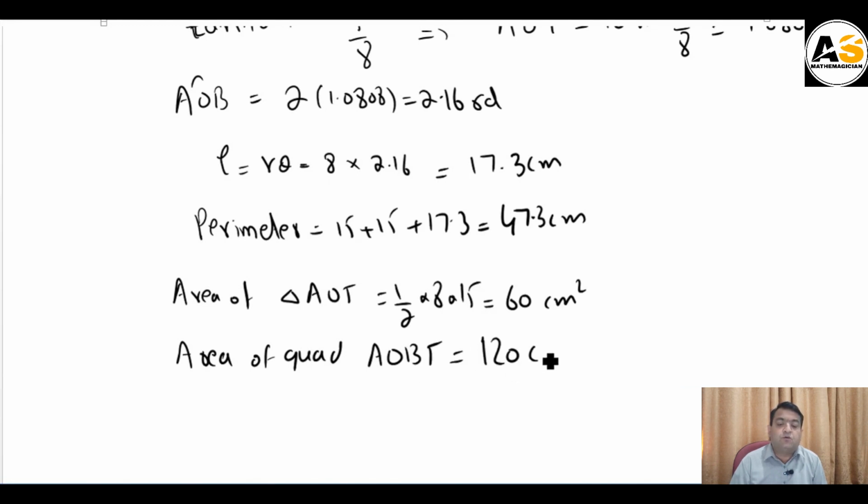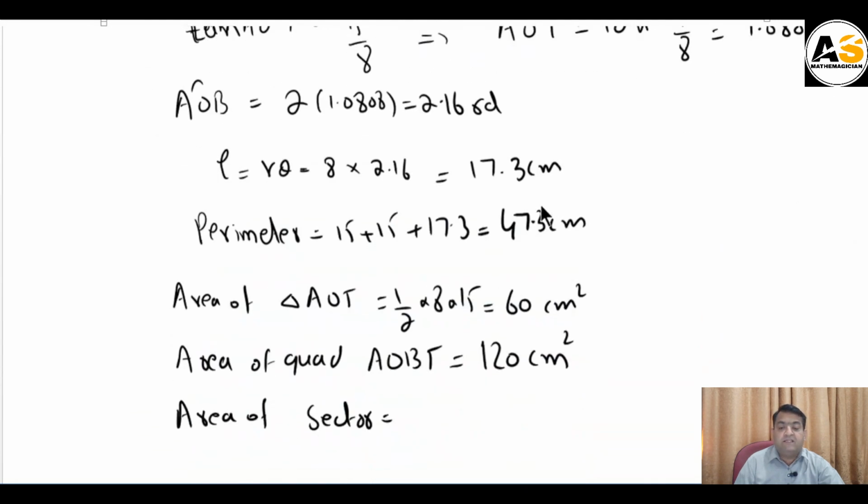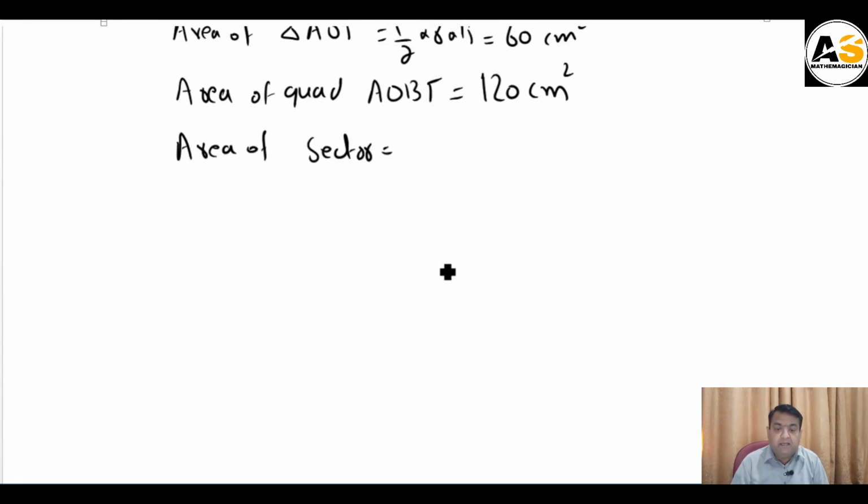120 centimeter square. Now area of sector will be, we refer to the figure again, 1 by 2 r square theta. Theta is 2.16. So area of sector will be 1 by 2 into 8 square into 2.16, which will be 32 into 2.16.